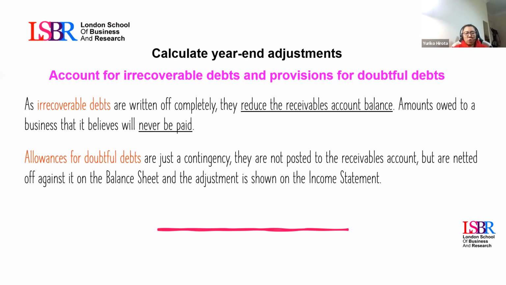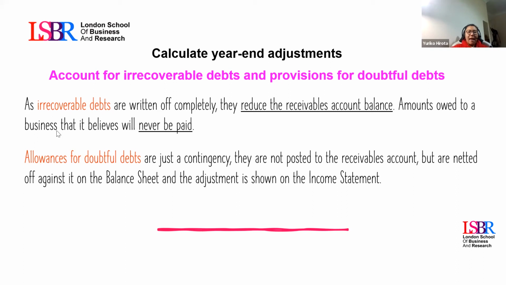So in order to measure that risk, we have this concept, irrecoverable debts, that basically is that we are recognizing the risk of a customer not having the money to pay us.